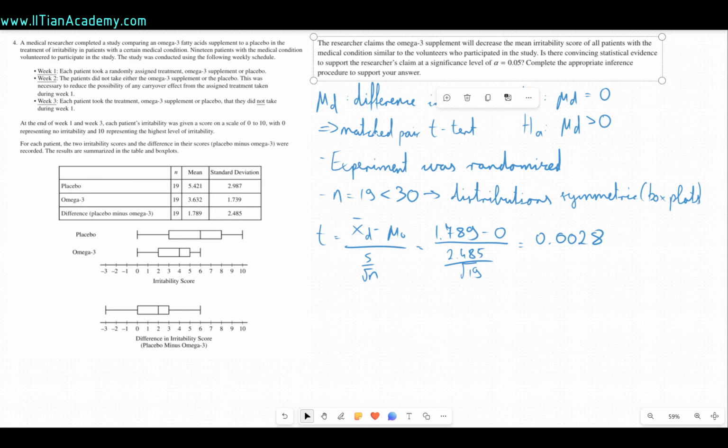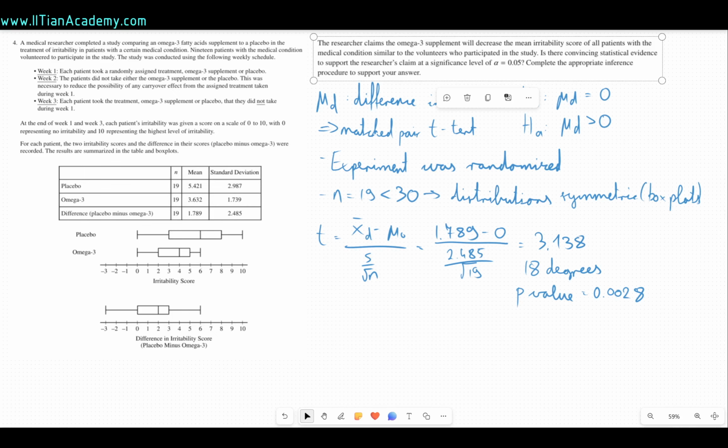What we still need to do is find the critical value for this test, and we have to use 18 degrees of freedom, n minus 1. We can look in the table for the p-value. The test statistic was 3.138, and the p-value for 18 degrees of freedom here is 0.028.